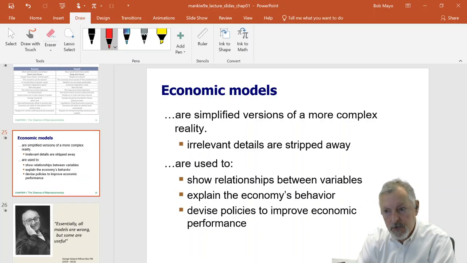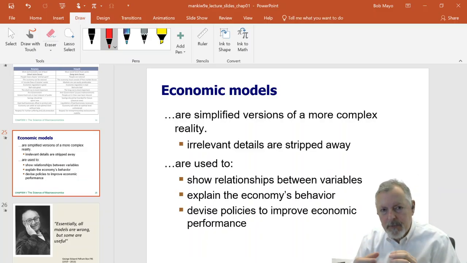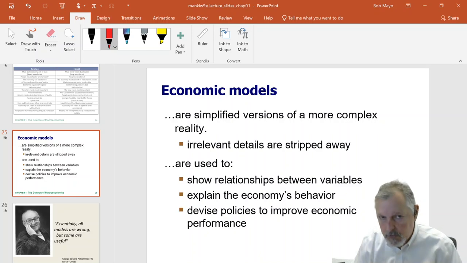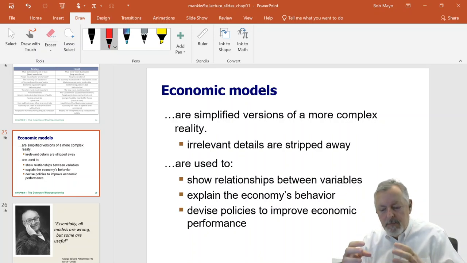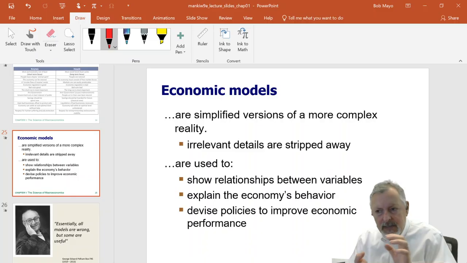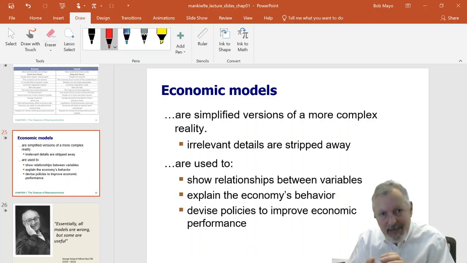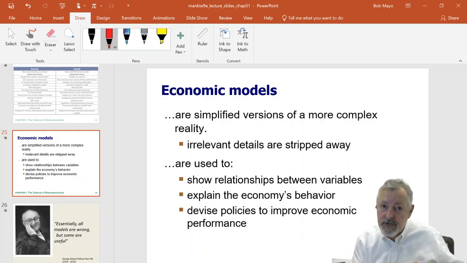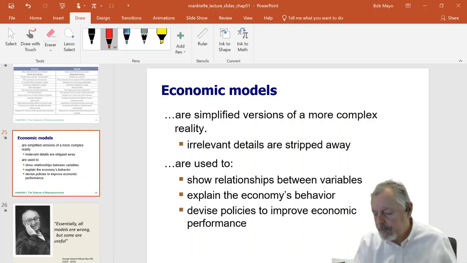But what we can do is make a very simple sort of play school version of the world that only models one little aspect of the world, like something in economics. And that little model can be so simple that a human brain can understand it. And we can play around with a model and see what it does and use that to help us understand the broader system that is being modeled.